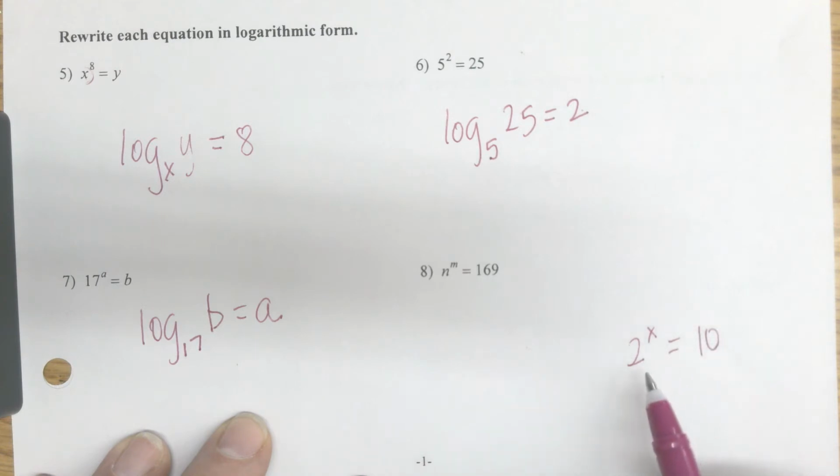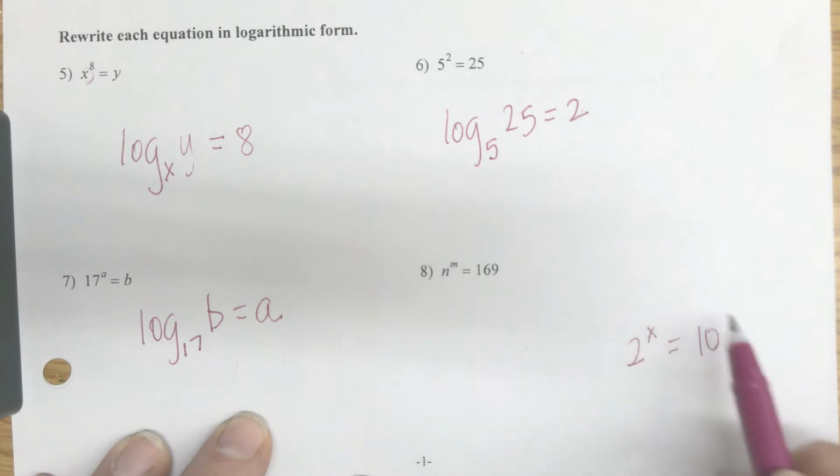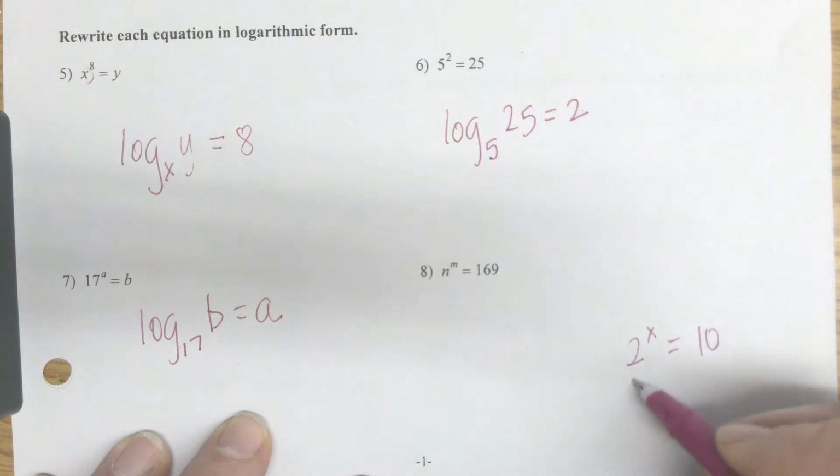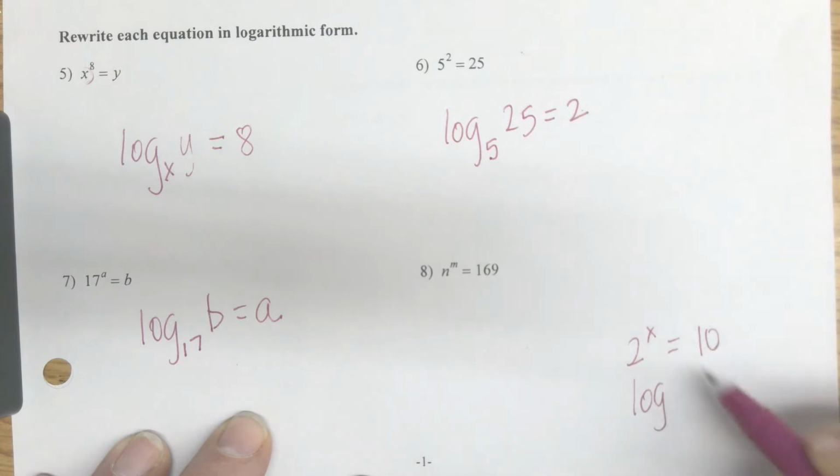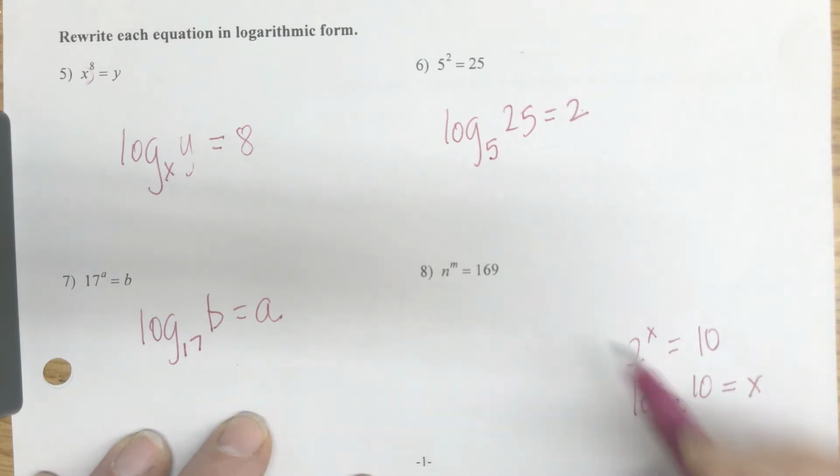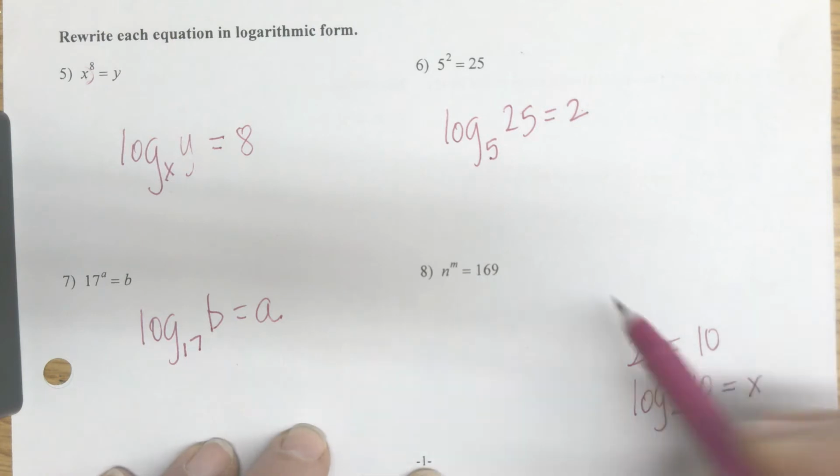Well, I know it's got to be something between 3 and 4, because 2 to the third is 8, and 2 to the fourth is 16. But if I put it in log form, I am able to find that. Log base 2 of 10 will give me that power. So that's a way that we use them.